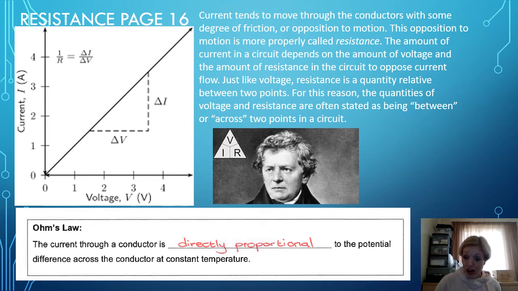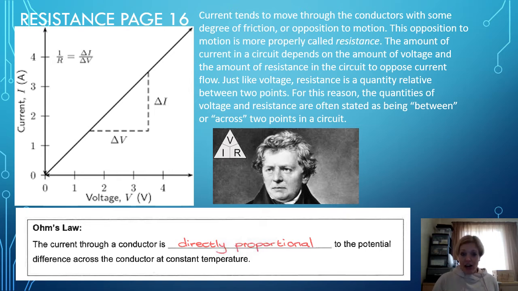If the temperature remains the same. As soon as the temperature changes, that proportionality is going to be different. So go to page 16 and fill that box in, because everything we did in the previous section was just Ohm's law. That's all we were showing you.